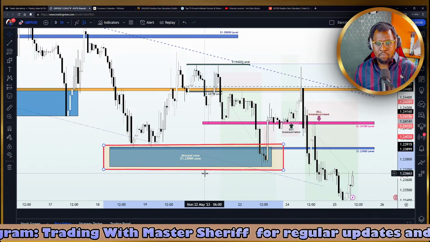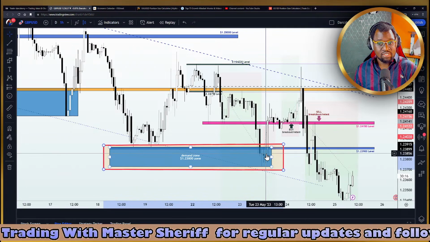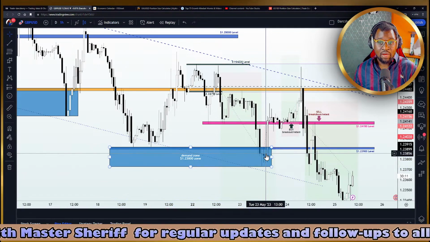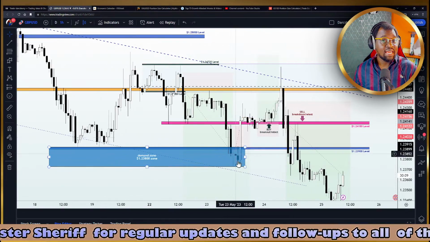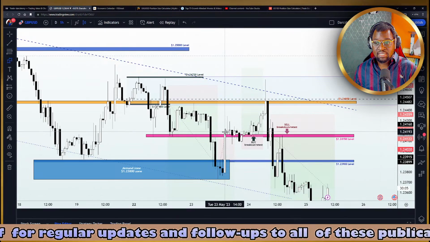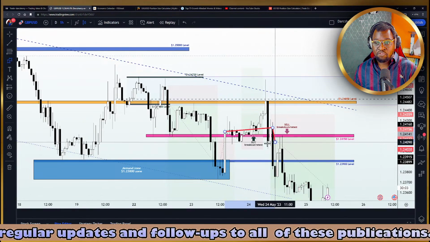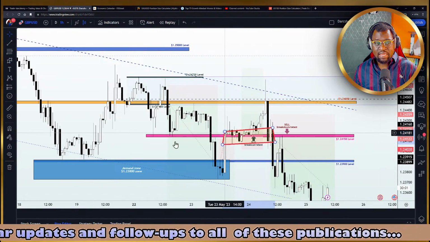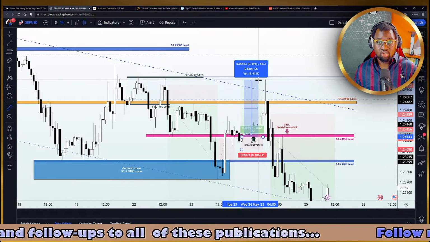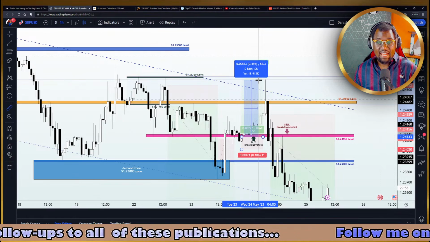Then on Tuesday, I shared on my public platform, my TradingView and Telegram platform, that because of this engulfing candle, we are going to be looking out for buying opportunities above the 1.24150, which actually gave us some pips there, as we saw price action move about 55 pips in our favor.